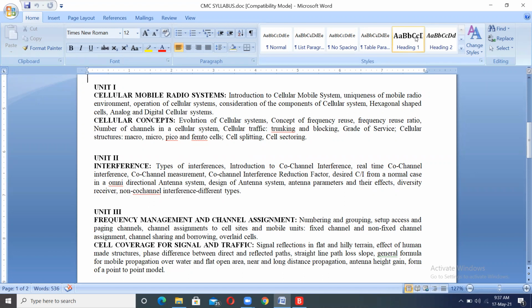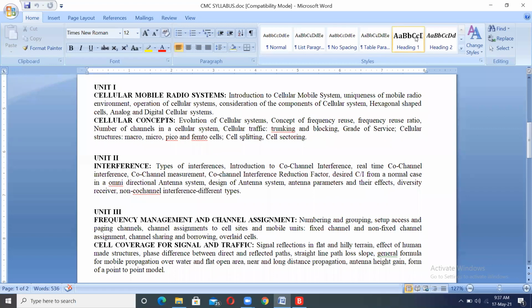What are the important concepts related to cellular technology? That is the frequency reuse concept, cell splitting, cell sectoring, what the cells are, why trunking and blocking, and also the GOS related to the size of cells. All these basic concepts related to cellular mobile technology are introduced in this topic.